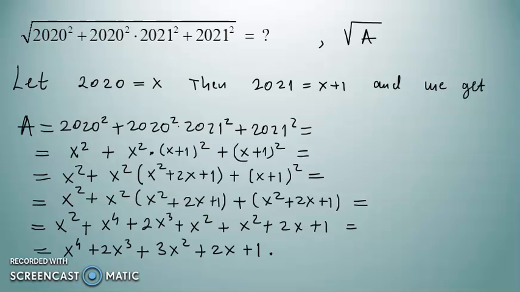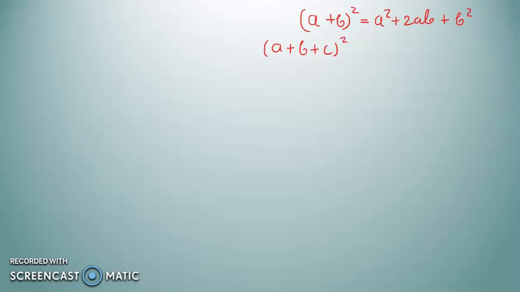First of all, I will give both formulas, for the binomial and the trinomial squared. We have a plus b squared is exactly a squared plus b squared plus 2ab. What about a plus b plus c squared? This is a squared plus b squared plus c squared plus 2 times ab plus bc plus ac.